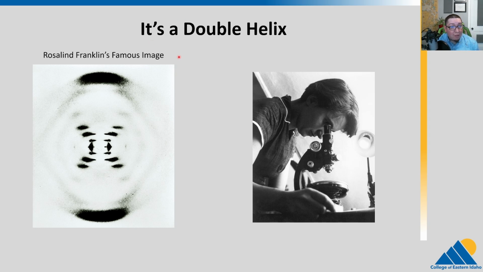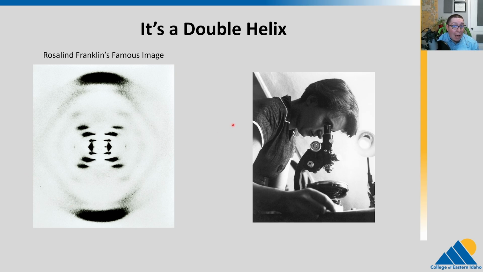One of the pieces of data that they used was this X-ray diffraction image from Rosalind Franklin. X-ray diffraction is a microscopy technique that shoots X-rays into things and they bounce off the atoms, and the way they scatter tells you about the arrangement of those atoms. If you're an X-ray diffractionist, this apparently tells you that it is a helical molecule, which was important.